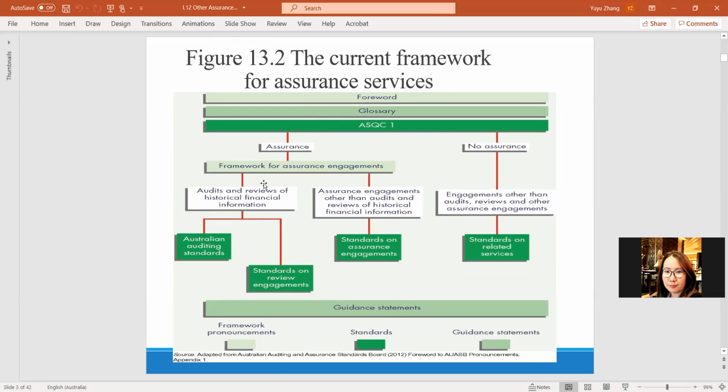For assurance services, we have standards on review engagements and also standards on other assurance engagements. For other engagements without assurance, we also have standards on related services for engagements other than audit, review, and other assurance engagements as well.